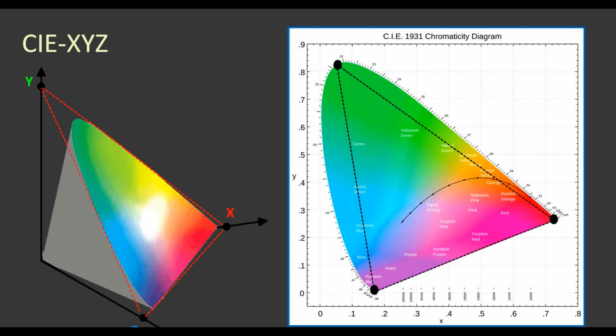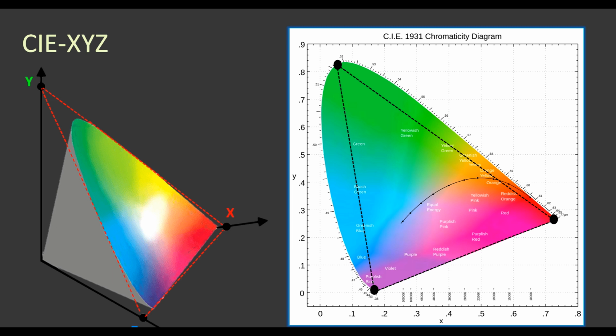We get this triangle. So all of the colors that we can make are inside of this triangle, because they can be created as a combination of all these three primaries. So this is why we cannot recreate all visible colors with a fixed set of primaries. In order to encompass the whole gamut, the space has to be larger.